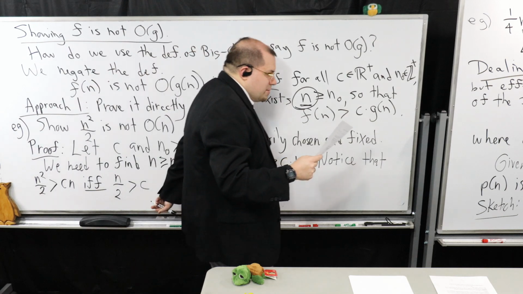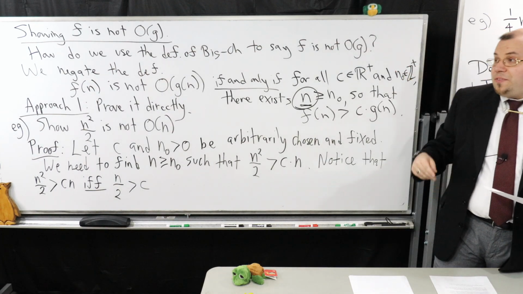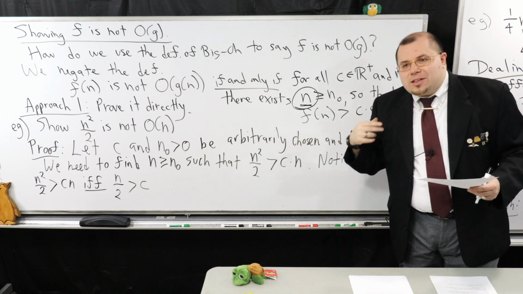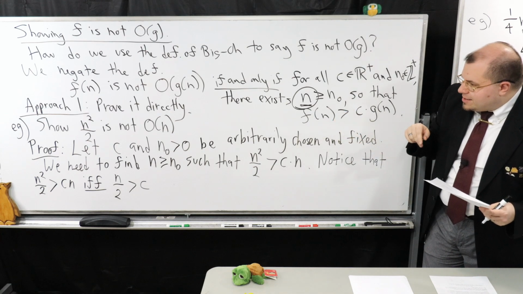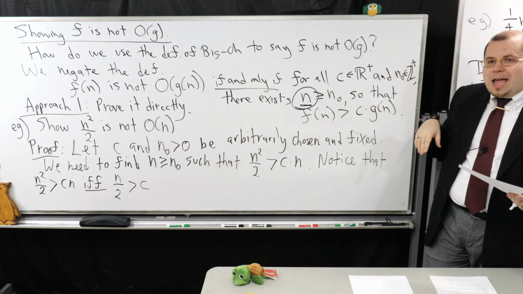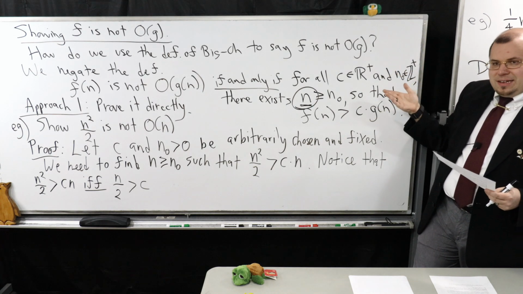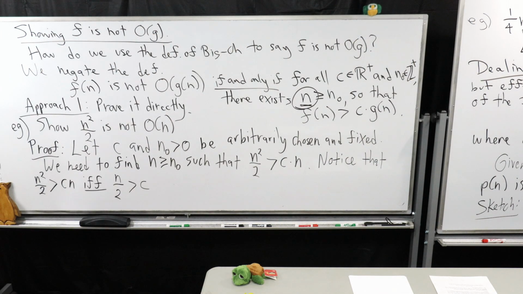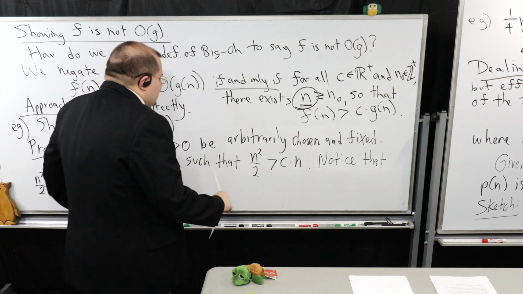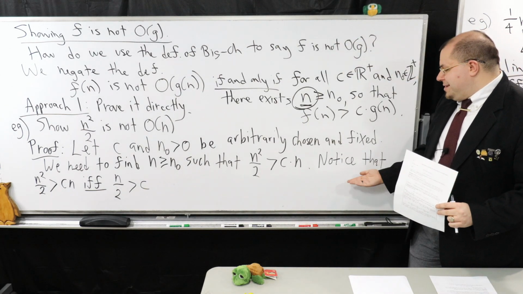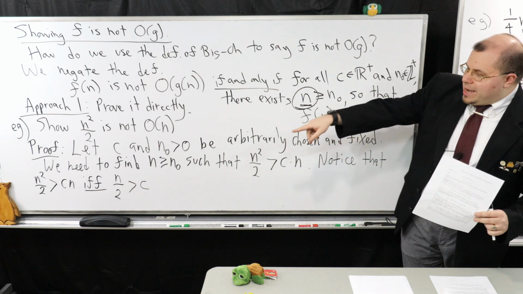Does everybody see how I did this step here? Now, if ever it's unclear to you what you're doing, notice I'm just assuming that you know what I just did over here. So notice that I say n squared over 2 is greater than c times n. Well, if I divide both sides by n, I end up with n over 2 is greater than c, right? That's all that happened here. So notice I'm just rewriting what the inequality says. So note, I'm not saying anything about whether the statement is true or not. I'm just rewriting the inequality. So for example, you could have easily said, simplifying the inequality, we get blank.